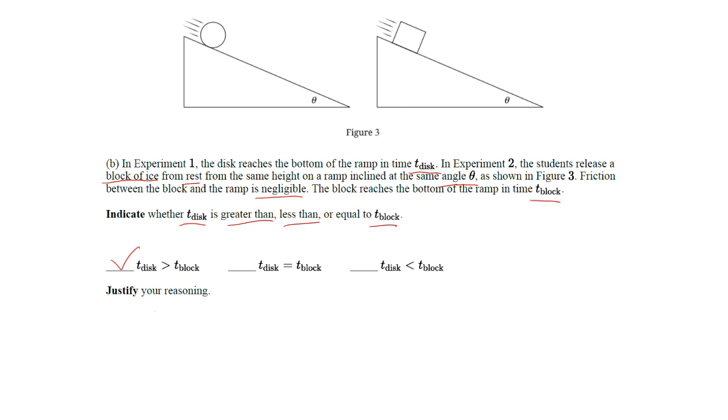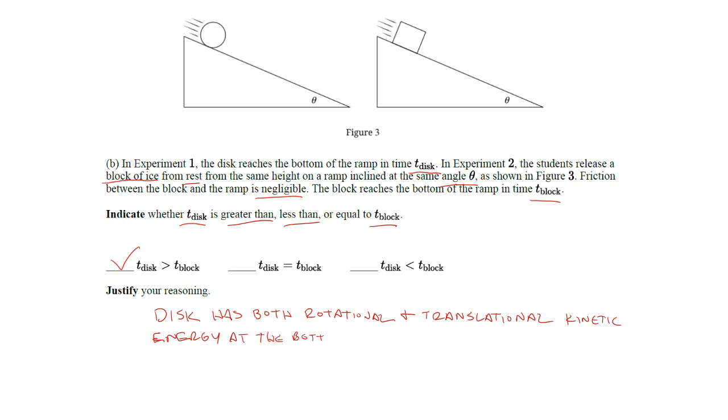So the disk has both rotational and translational kinetic energy at the bottom of the ramp.